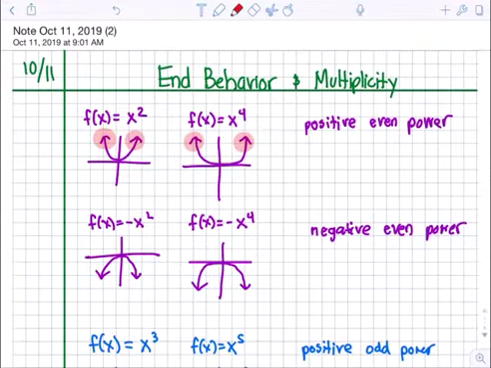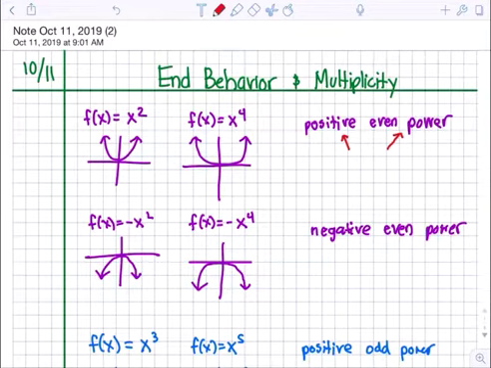As we go to negative infinity, the graph goes up, and if we go to positive infinity, the graph goes up. So we can make a statement: when we have positive even powers, the end behaviors look like this, up and up.